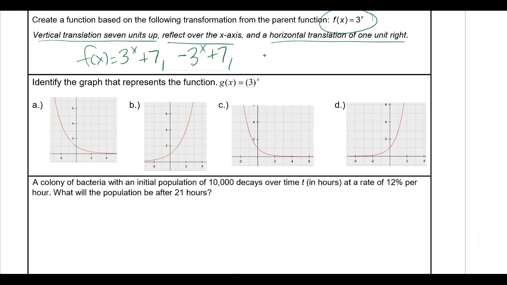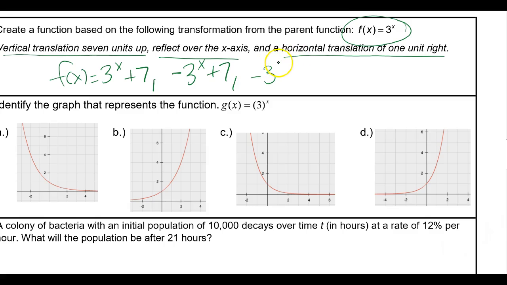Okay, so now a horizontal translation. Well, for horizontal translation, we change what we plug in. And remember, with an exponential function, we plug in where there's an exponent. So we want to change here what we're actually going to plug in, okay?